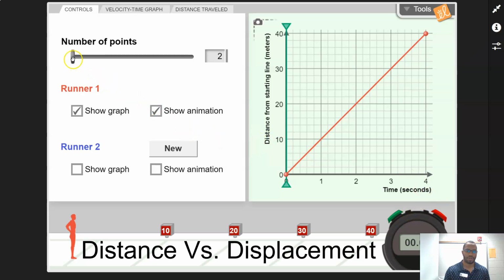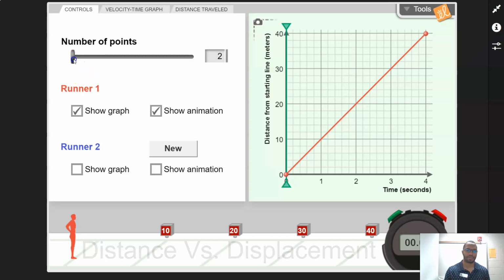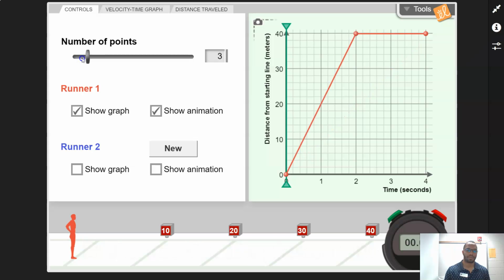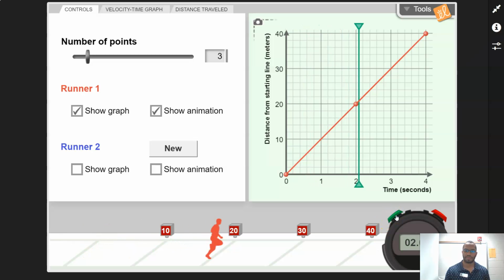The next thing I wanted to show you is the difference between distance and displacement. So once again, I'm going to put this here. I'm going to start it. Now, my question to you is, how far did the runner travel? The runner traveled 40 meters.